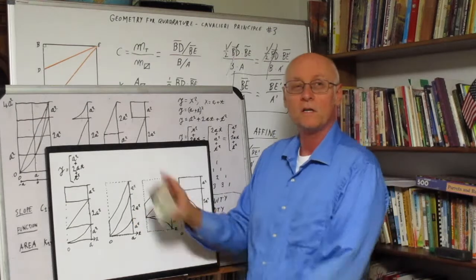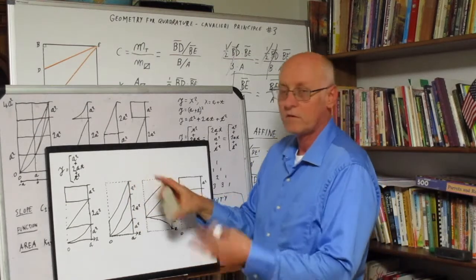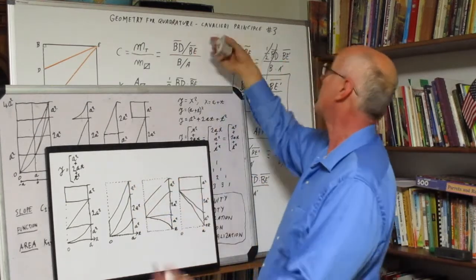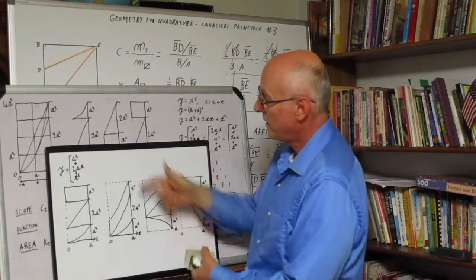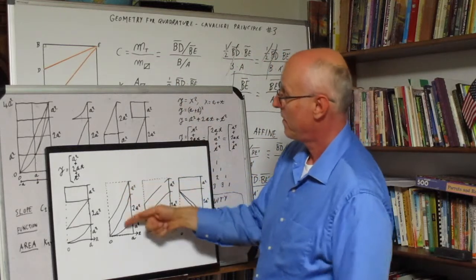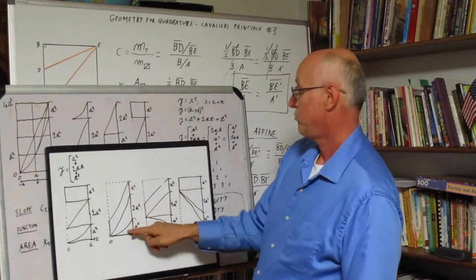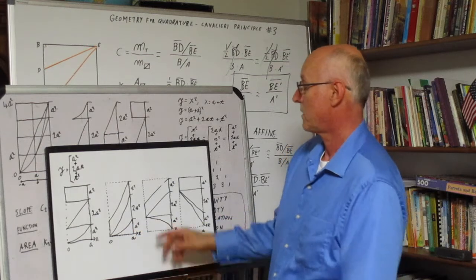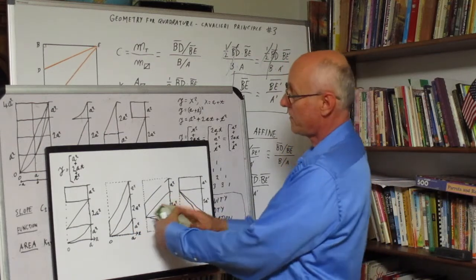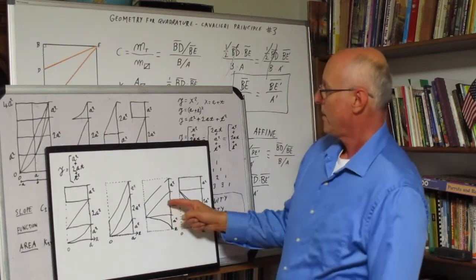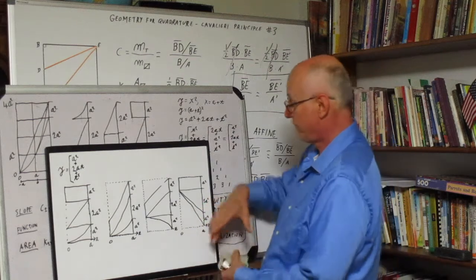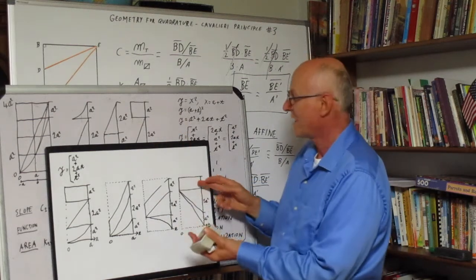You see what I'm doing? We're doing Cavalieri type shifts. And so we get this shape. And so here's a squared. But I can also shift it like this. And I can go further. I can make it look like this.